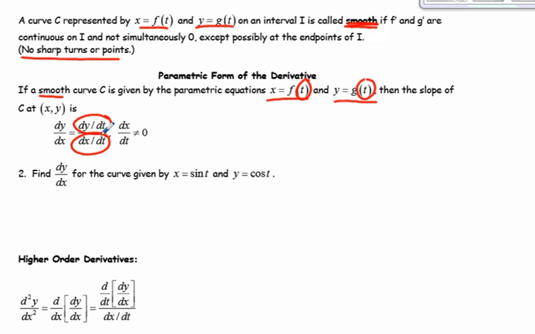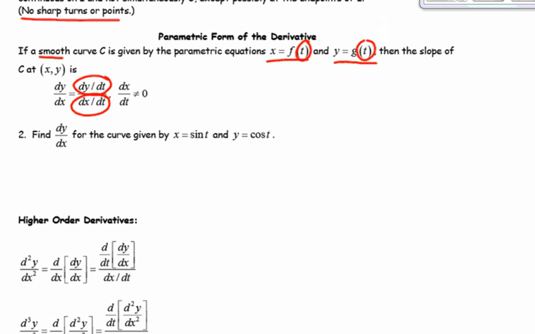Okay, so let's try this. So if we want to find this dy/dx for the curve given by x equals sine of t and y equals cosine of t. So we want dy/dx. So remember, dy/dx is simply dy/dt over dx/dt. It's that simple. Because, like I said, the dt's just cancel out, leaving you with dy/dx.